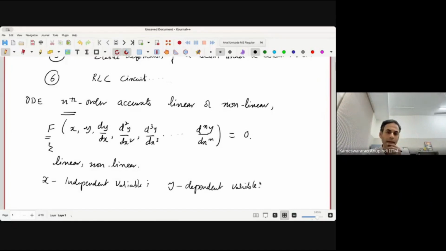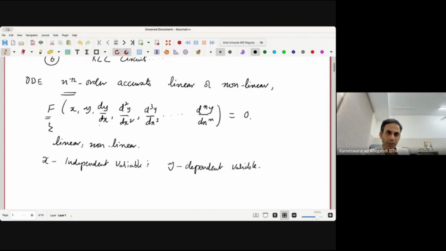As you see here, you only have derivatives with respect to only one independent variable. That's why these are all ordinary differentiations, right? You just have d/dx and higher derivatives. Although it appears that ordinary differential equations are much simpler when compared to partial differential equations, in partial differential equations the number of independent variables is more.